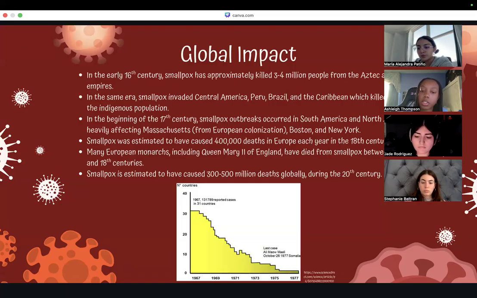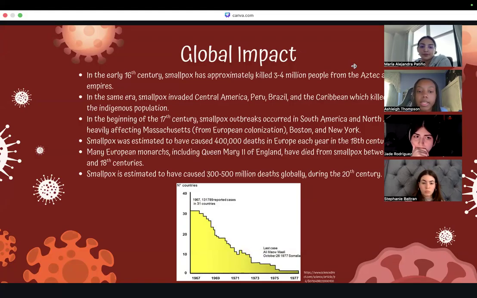In the beginning of the 17th century, South America and North America experienced smallpox outbreaks, heavily affecting Massachusetts due to European colonization, and the outbreaks also heavily affected Boston and New York.